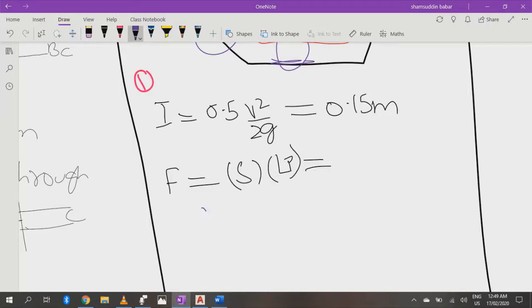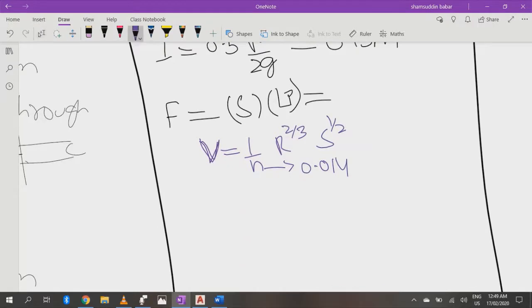Now to find out slope, I have the formula V is equal to 1 over N, R power 2 by 3, S power 1 by 2. V is the velocity, it is 2.44 meter per second as we assumed. N is equal to 0.014 for concrete, and R is equal to, now for R, if we have R we can find out our S, as we have everything.